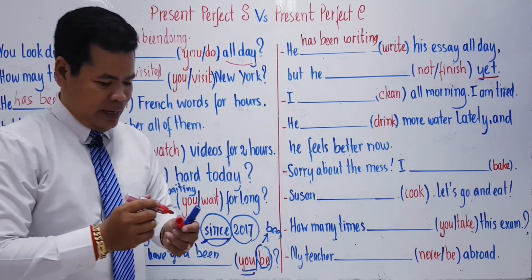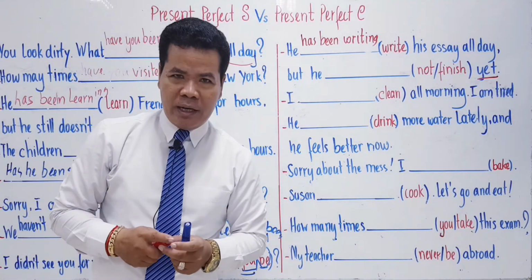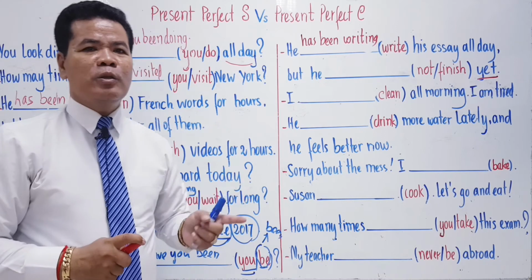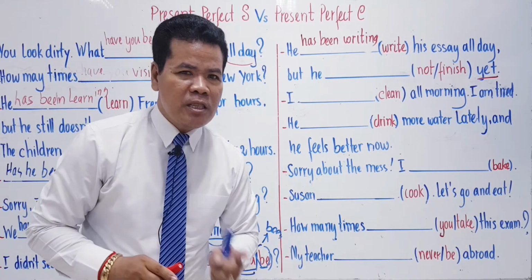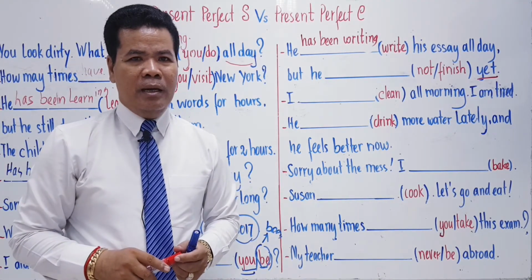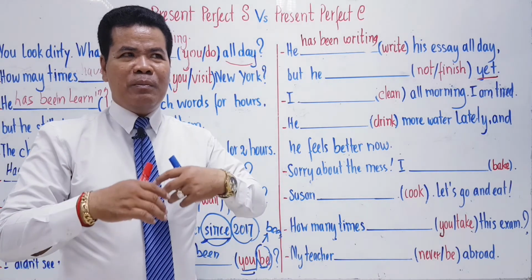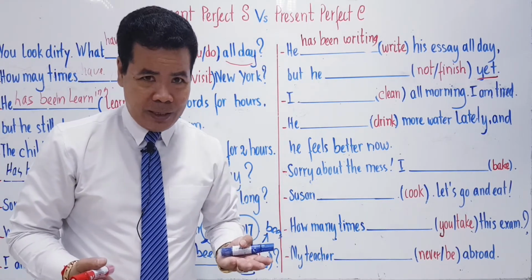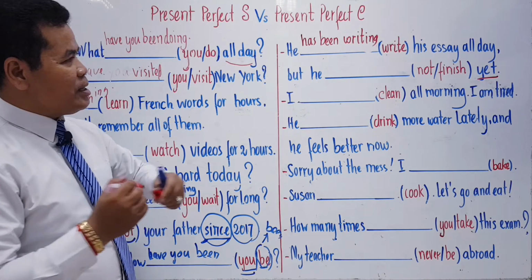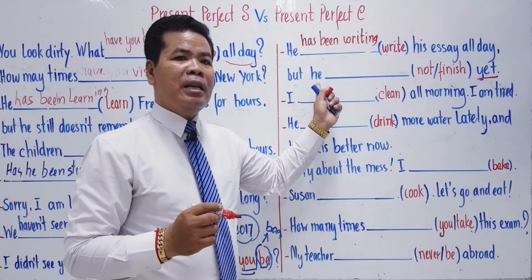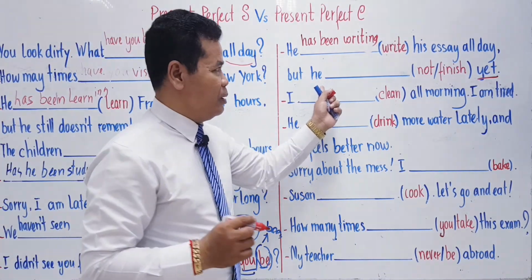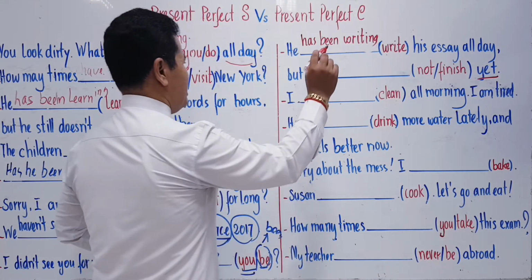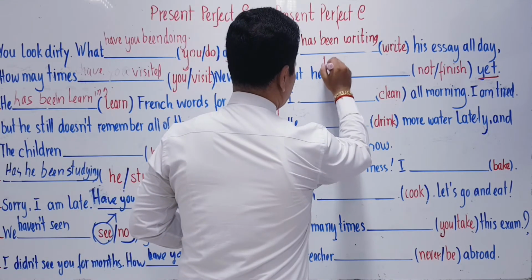So yet is a kind of keyword we normally use in the present perfect simple. Okay? Have you eaten breakfast yet? You understand? So now, yet can be used in the present perfect simple. So what do you say? But he what?